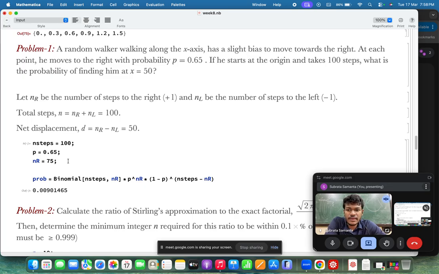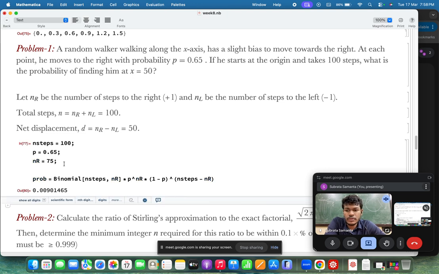NR is 75, because you just solve these two equations to calculate NR and NL. Then you put NR here, and this is the result. So, what is the probability? It is 0.009. They follow the binomial distribution.